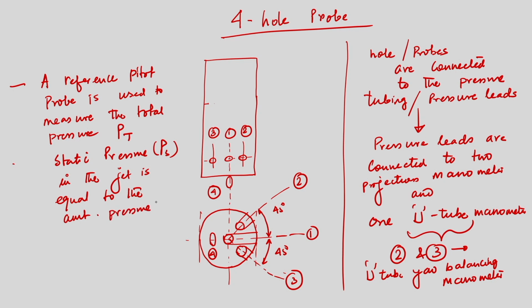So, I am placing this probe in a jet where the jet static pressure is equal to the atmospheric pressure, with a reference pitot probe used to measure the total pressure.